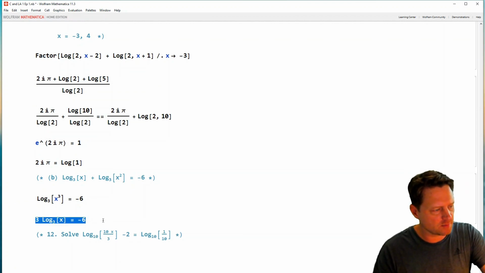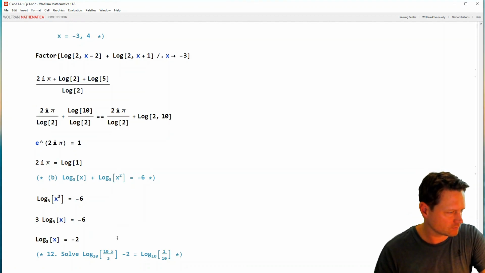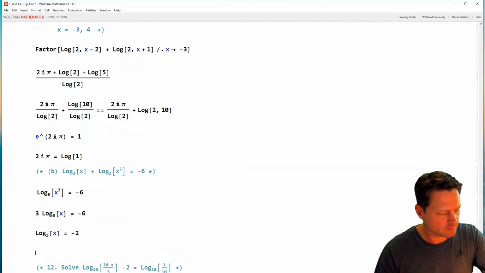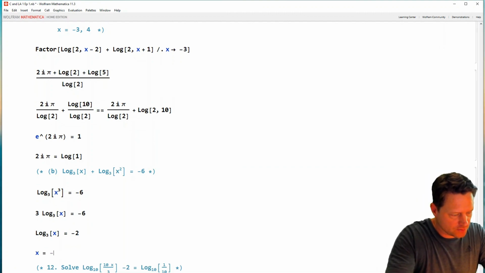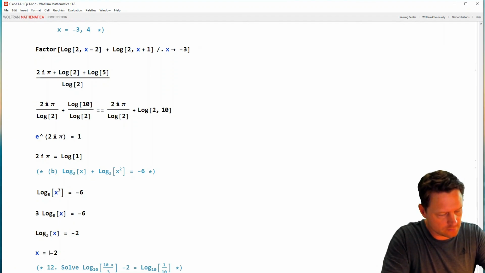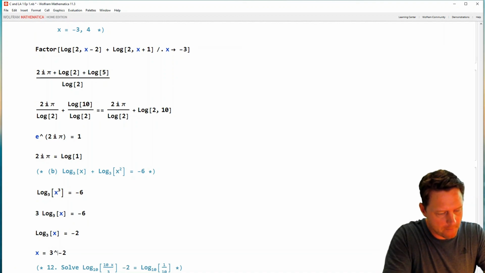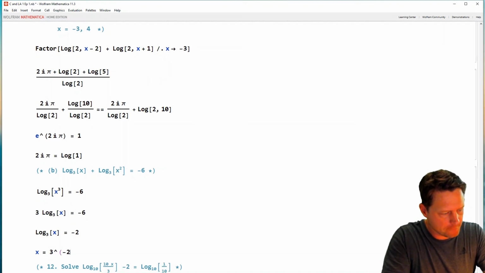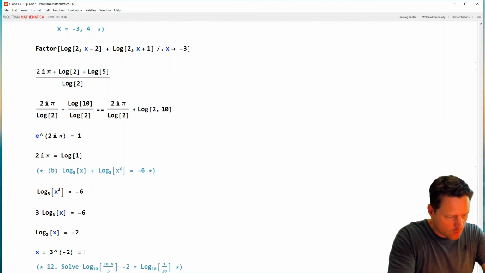Now we can divide both sides by 3 and get minus 2 there. And now that says x is equal to 3 to the power minus 2, okay, which is 1/9.